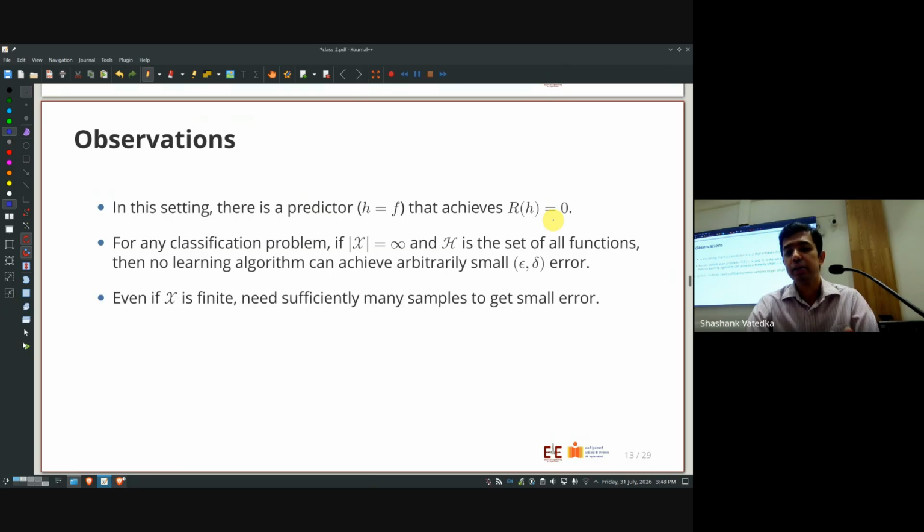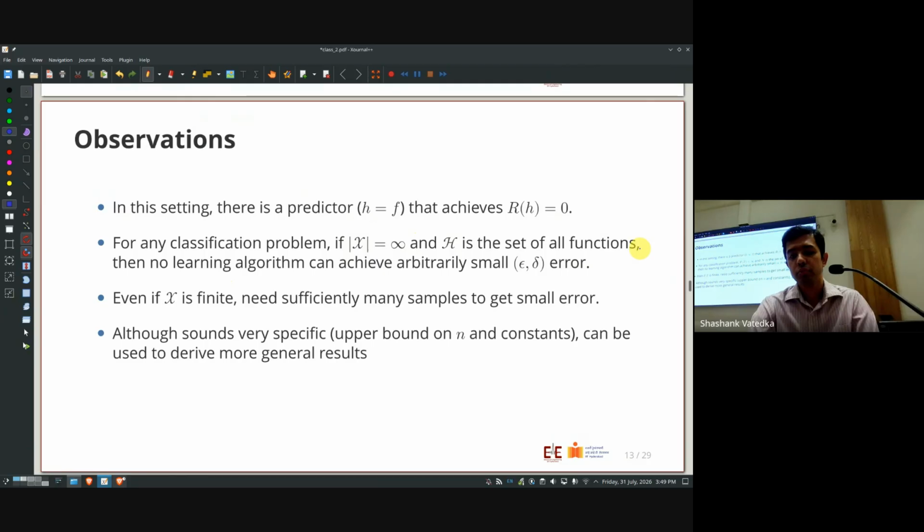So for any classification problem, if the cardinality of x is infinite and h is the set of all functions, then no learning algorithm can achieve arbitrarily small epsilon delta error. So if you're dealing with binary classification and your input space or feature space is infinite, then you have to restrict yourself to some small subset of functions. You cannot take h to be all possible functions. So you have to be careful. And even if x is finite, you need enough samples.